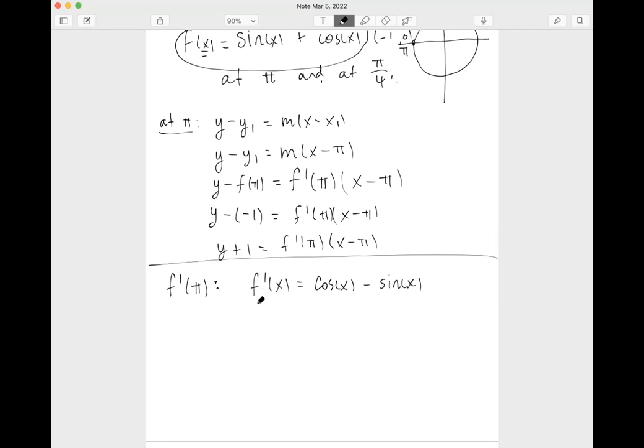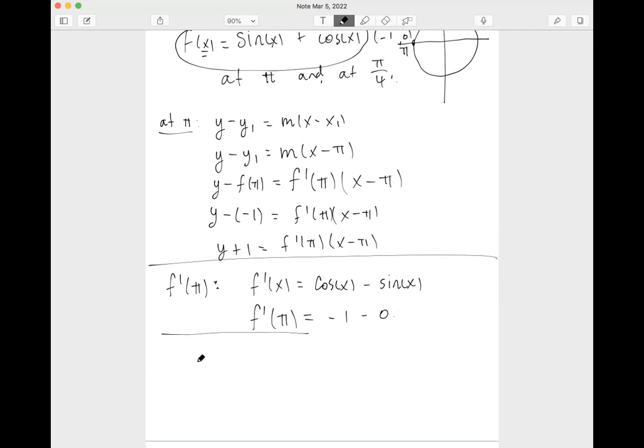Okay, so now let's plug in pi. Cosine of pi is -1 and sine of pi is -0. Yeah, so just -1.